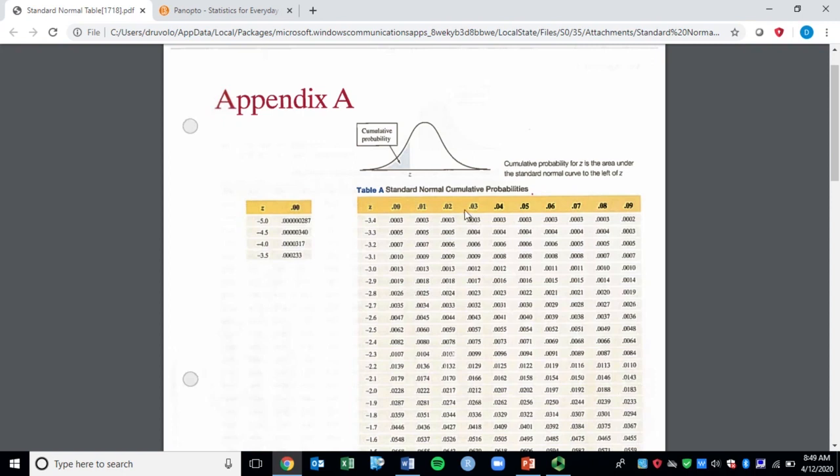This is the second decimal place. You want to look at this as a negative 2.03, and you would just see where they come together. So here, a negative 2.03. What did you guys get? Did you get 0.0212? Well, there you go.